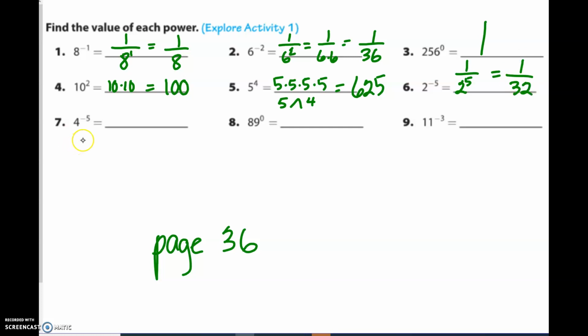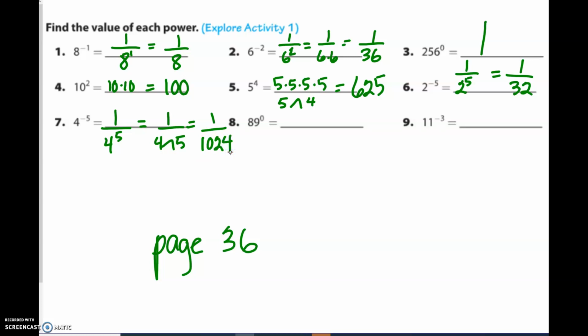All right, number 7, that has a negative exponent, so we're going to write that as 1 over 4, and when I write this 5, it's going to be a positive exponent. So on my calculator, I'm going to hit 4 caret 5.